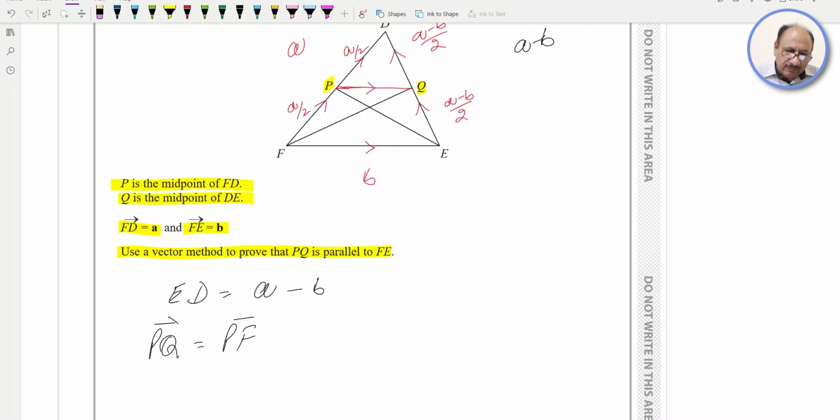So we can take PF plus FE vector and plus EQ vector. So these three vectors we need to add. And PF is what? PF is minus A by 2. So minus A by 2 plus FE is B. This one B. So we can write plus B. And the last one is EQ, which is plus A minus B by 2.